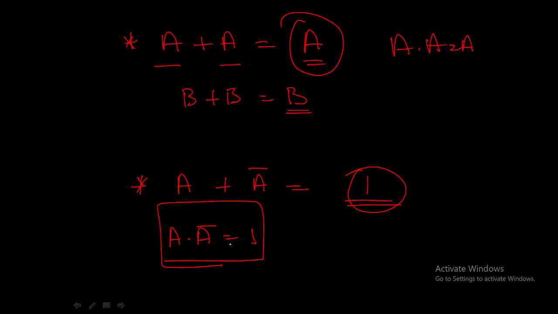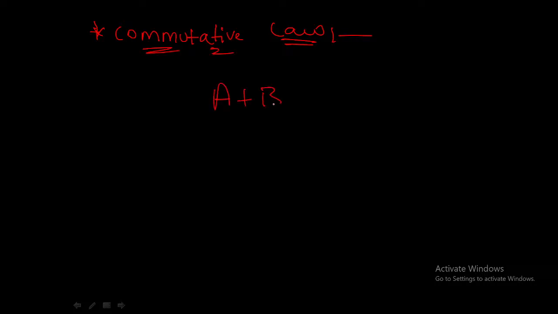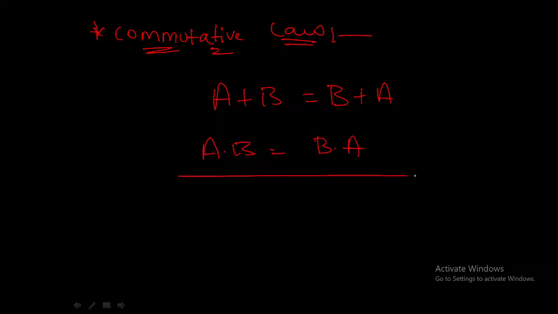Next, we have one more law, which is called commutative law. So basically this commutative law tells that A plus B is equal to B plus A, or A dot B is equal to B dot A. So this is the commutative law.